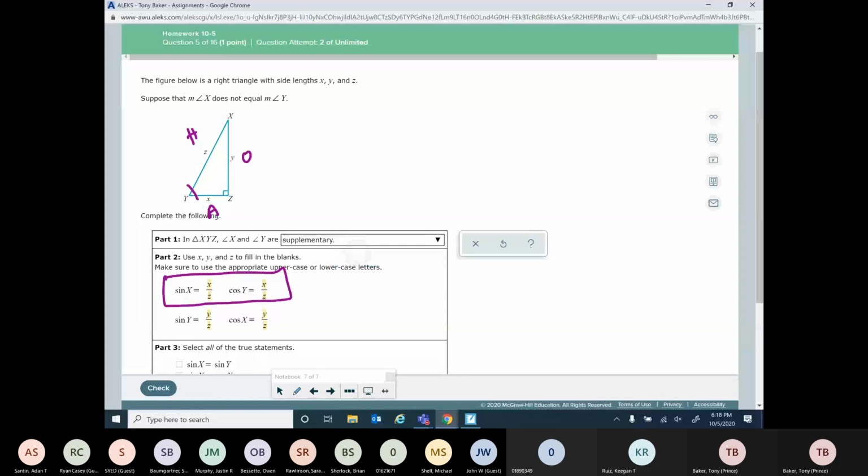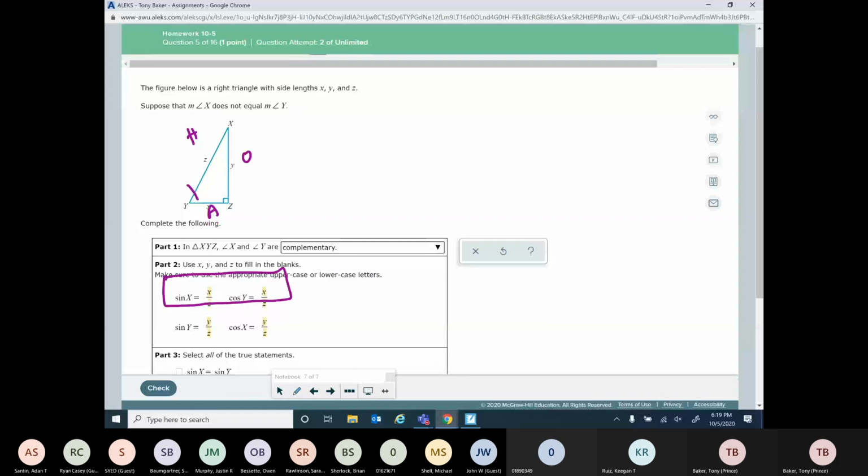Since they're complementary, they add up to 90 degrees. I don't know why it's not refreshing on that. So there we go. They're equal to each other.